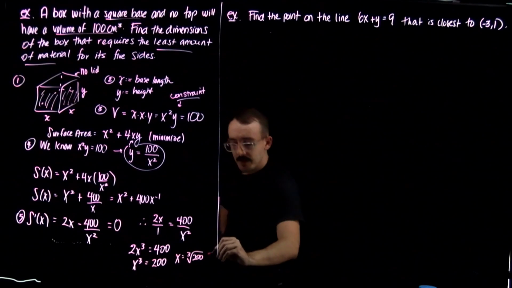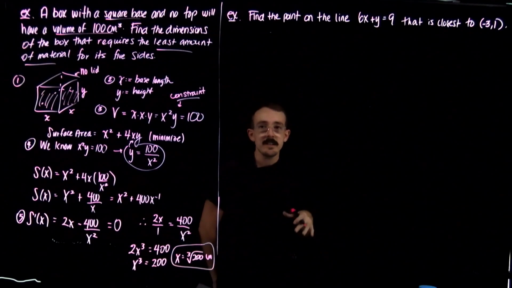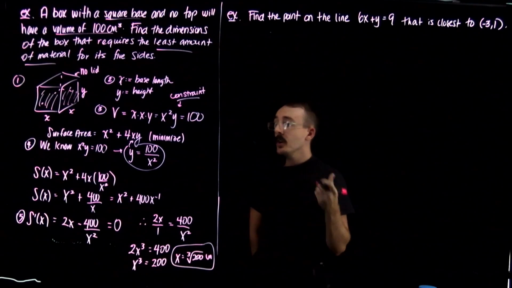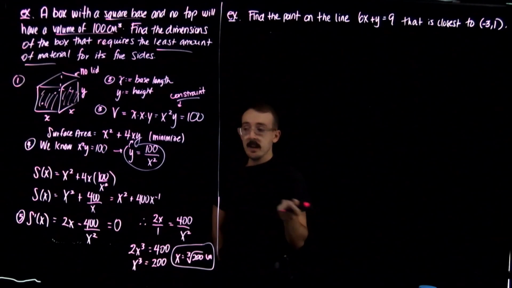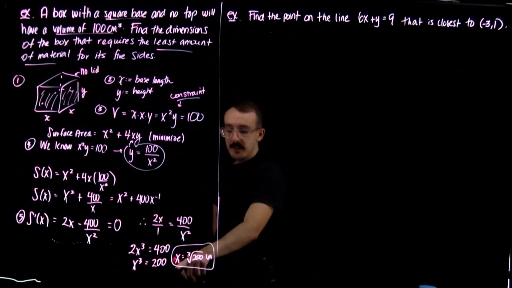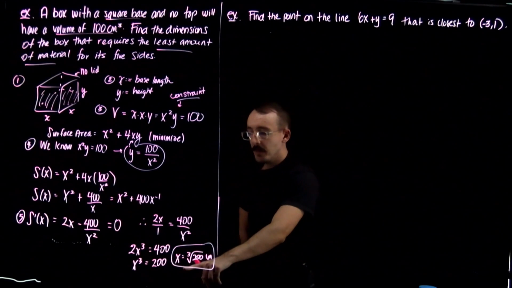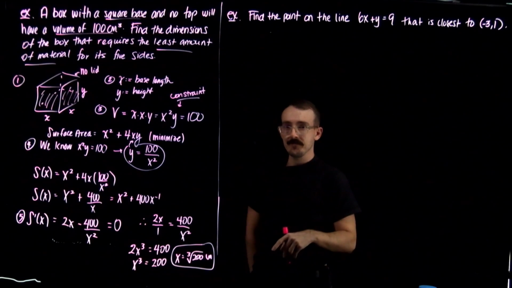And this is in centimeters. Now again, how would you check that this is actually a minimum? You could go to the second derivative test, check what the second derivative is, and plug in this x value and see. But this right here will be an absolute minimum.